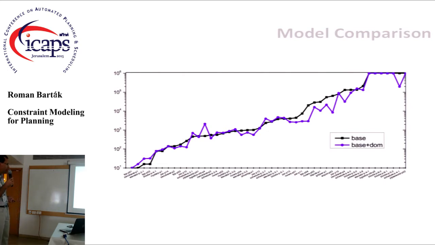Okay, so this is the effect. Again, the black one is the original model, and the blue one is with the dominance constraint. You can see that sometimes it helps, sometimes it makes it slower.